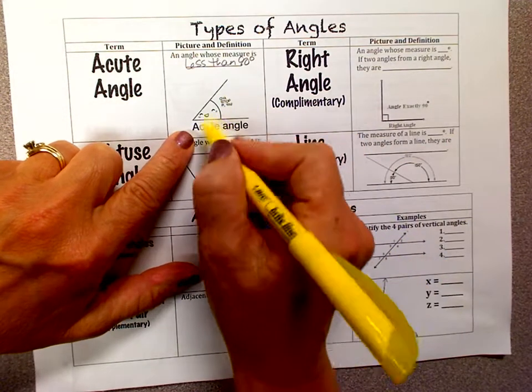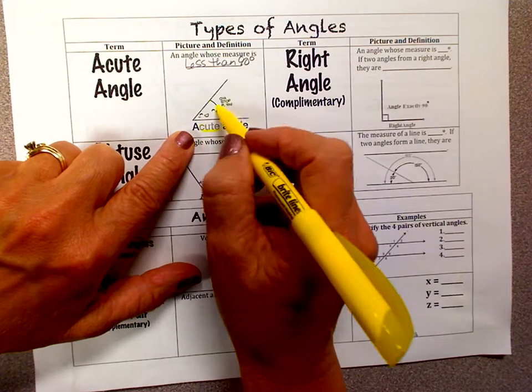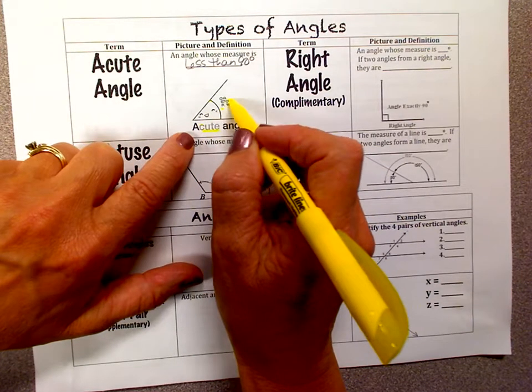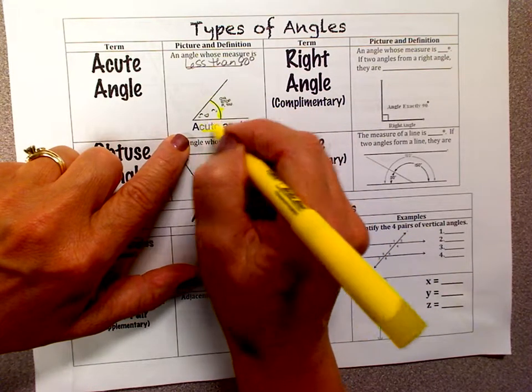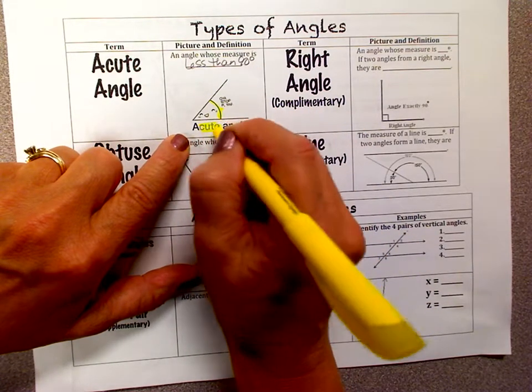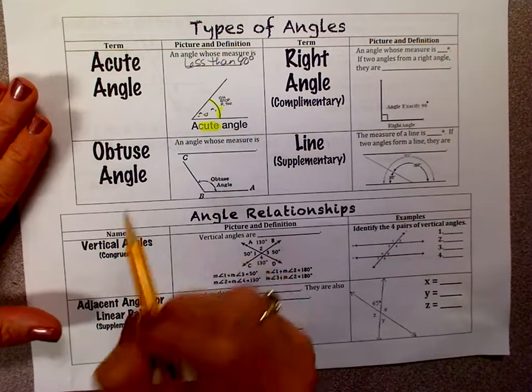So an acute angle, less than 90, think, oh, it's so cute, it's small, it's cute, and she's blushing and says, oh, stop it, you. So an acute angle is an angle whose measurement is less than 90.